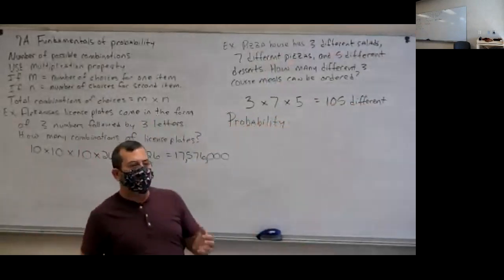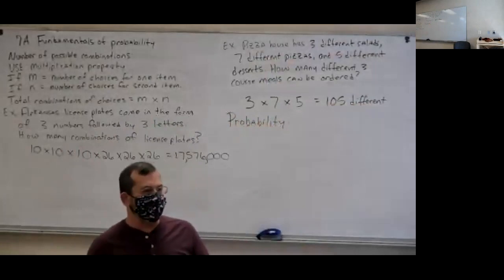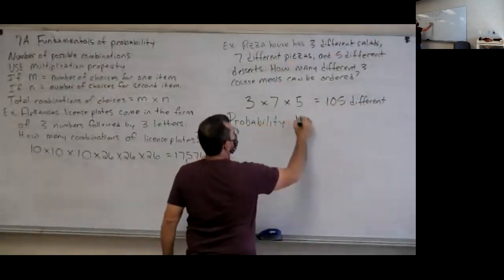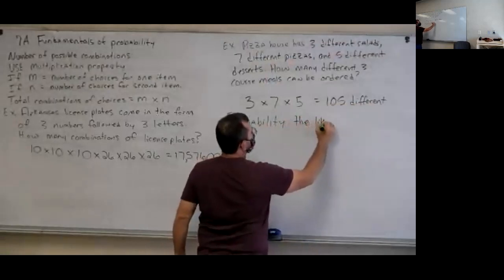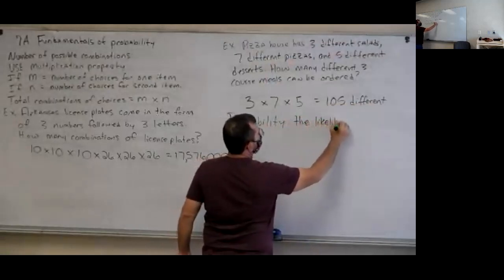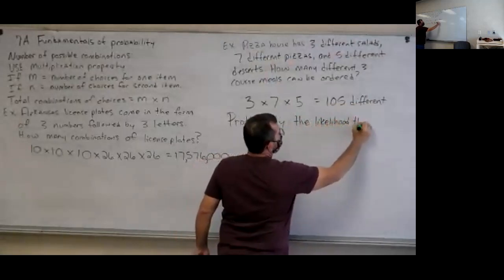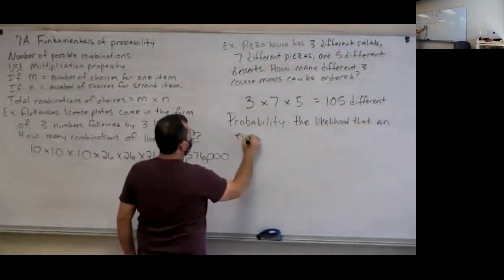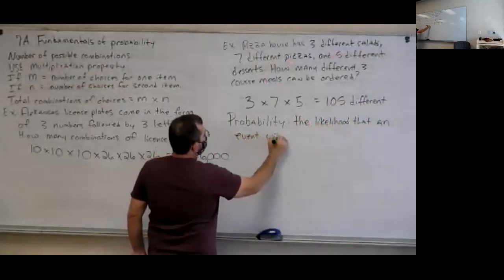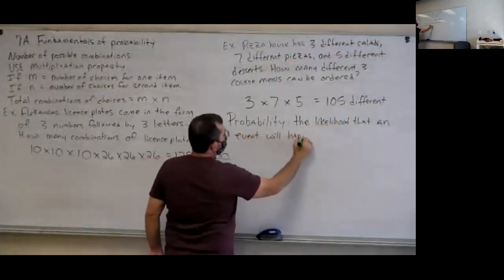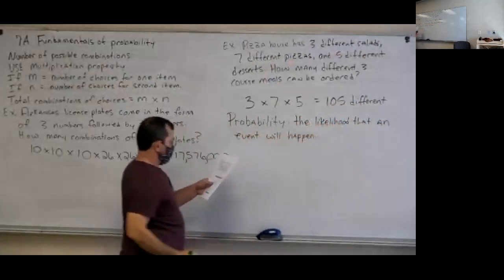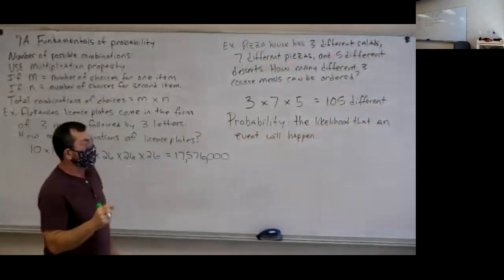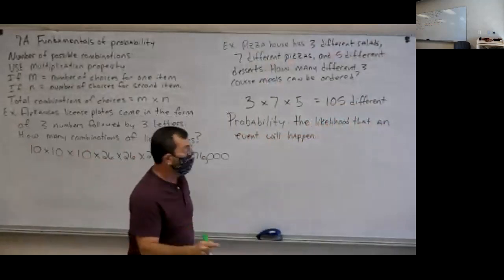P, the probability is the likelihood that an event will happen. Now, probability is always a number between 0 and 1.